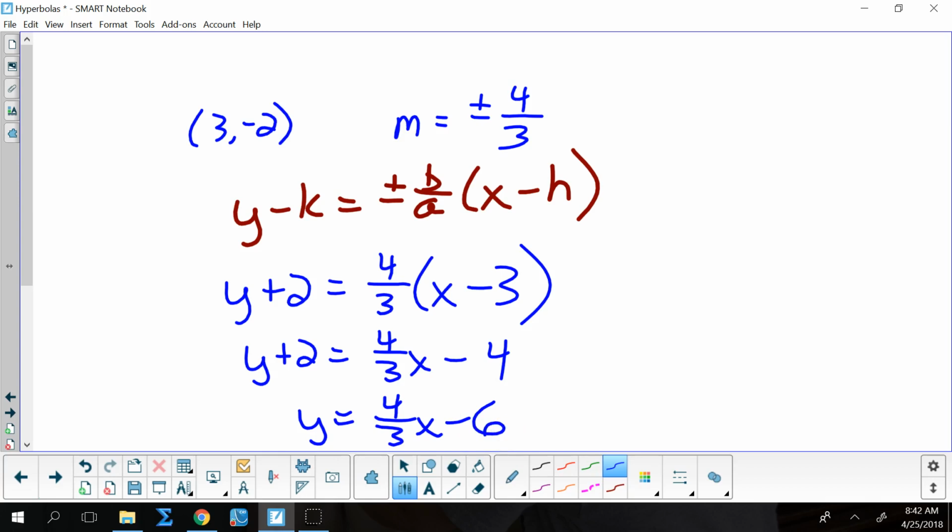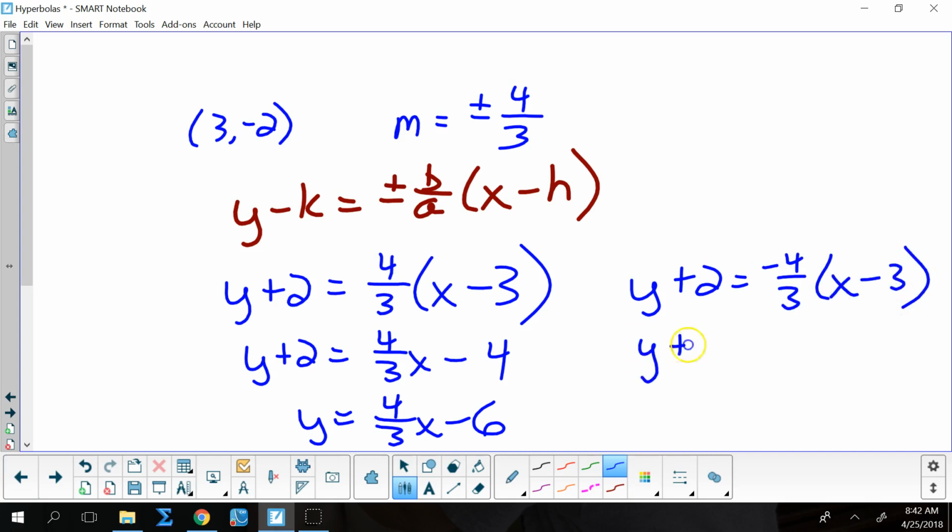Gets me the same thing. Then you got to do it a second way. And then, so y plus 2 is going to equal negative 4/3 x plus 4 now, because negative 4/3 times negative 3 is positive 4.